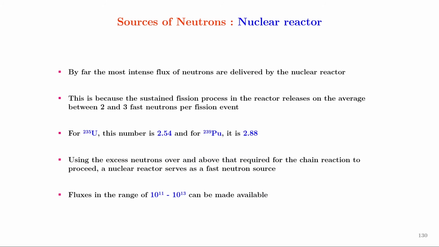Using the excess neutrons over and above that required for the chain reaction to proceed, a nuclear reactor serves as a fast neutron source. And in this case, fluxes in the range of 10^11 to 10^13 can be made available.